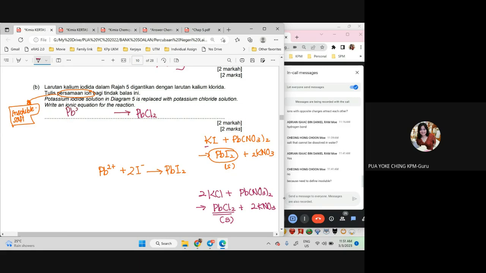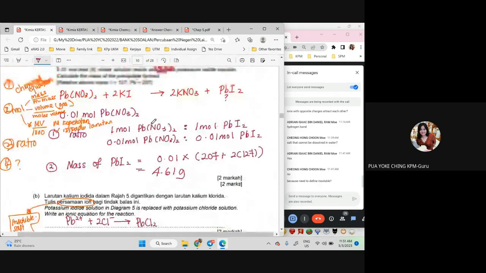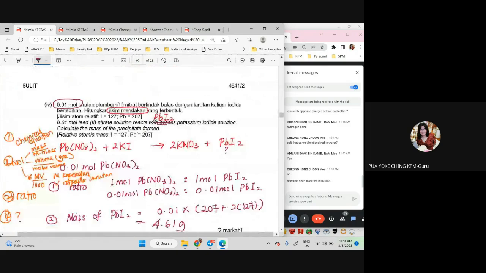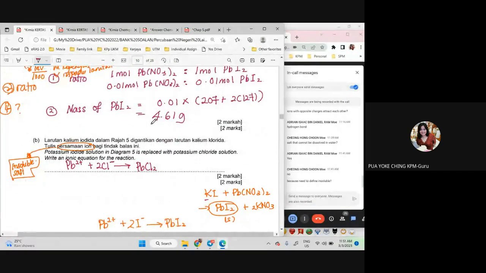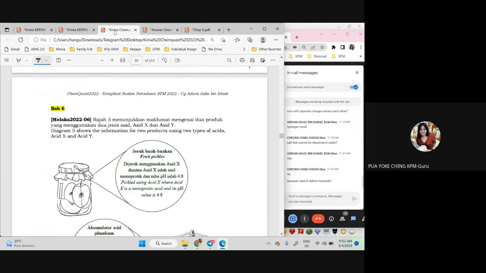Pb2+ tambah 2Cl-. So, you get Pb2+ plus 2Cl- produce PbCl2. So, siap soalan 5. Ada soalan tentang this one? But ini untuk, this is solely for double decompositions, right? Okay.